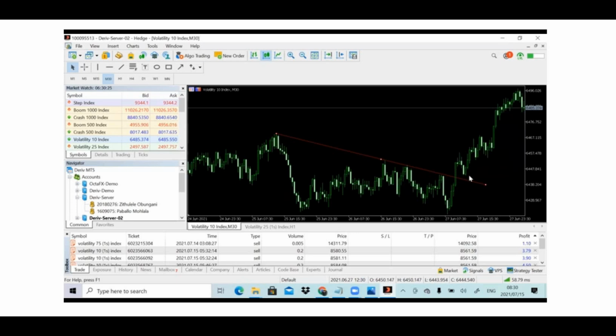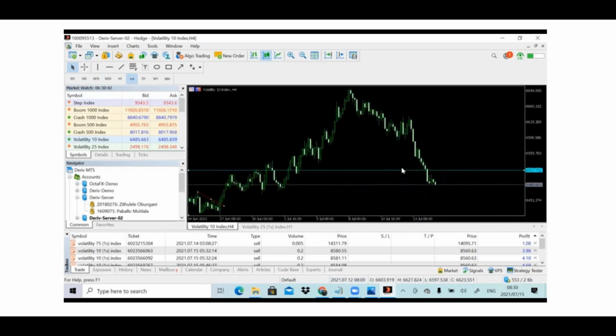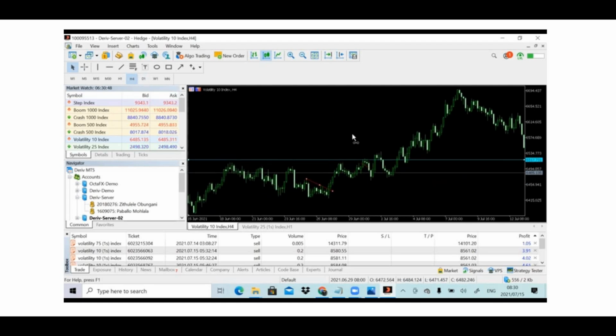Now into that neckline right there, the market price action then went to the neckline. Now you will see in most of our analysis we normally use our horizontal lines as neckline.